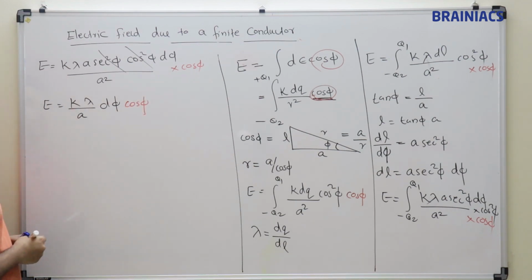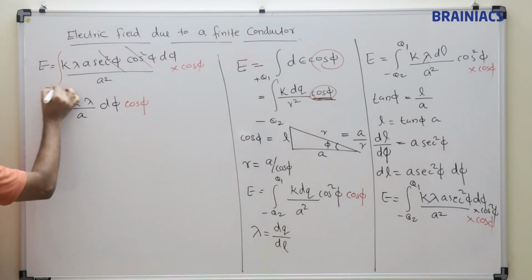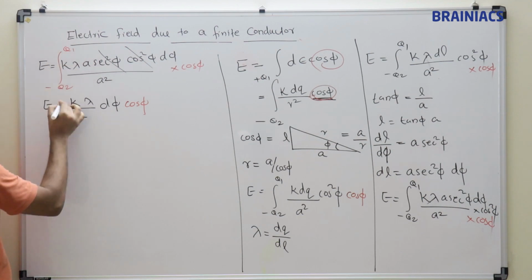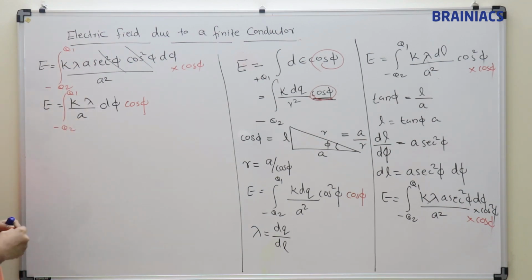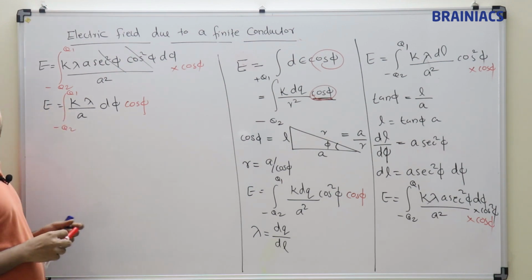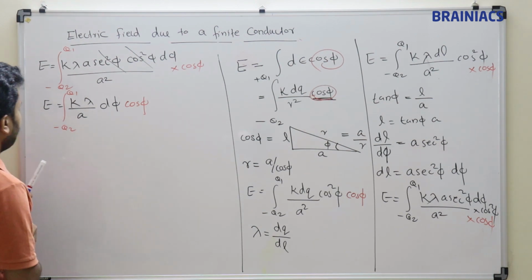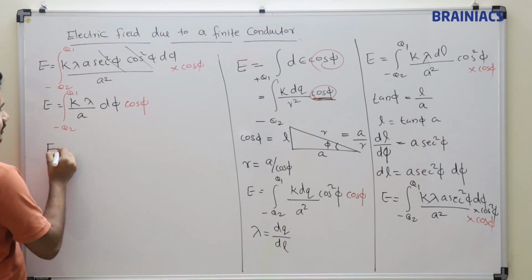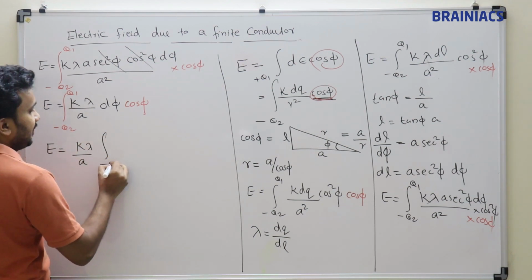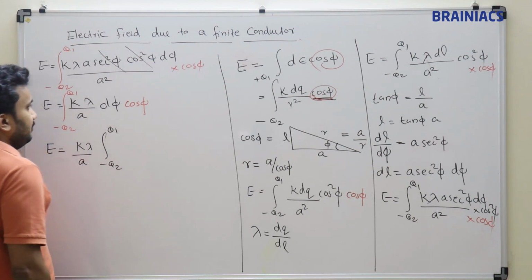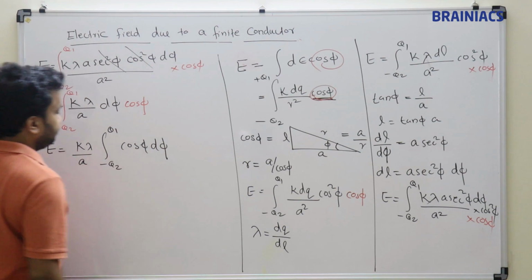Now the integration limits: we write minus theta 2 to theta 1 here also. The common terms we take out of the integration. So E will be equal to K lambda divided by A into the integral from minus theta 2 to theta 1 of cos phi d phi.